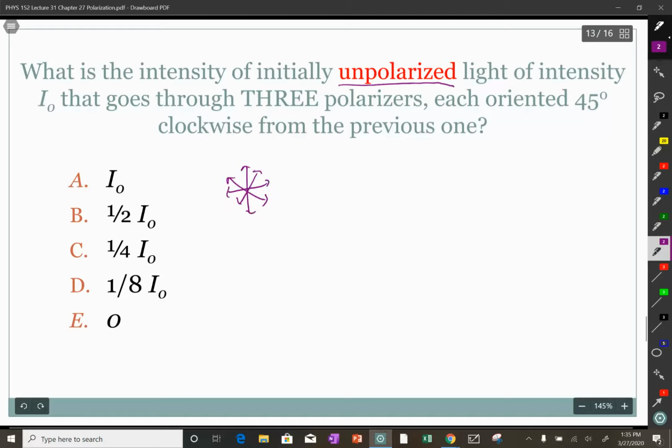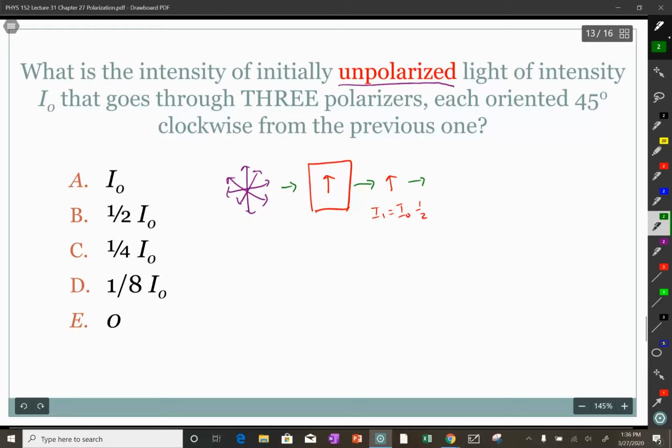Unpolarized light goes through polarizer 1, which I'm just going to make vertical. What's the orientation now? Well, it's going to be vertical. What's its magnitude? I1 equals 1/2 I0, right? That's straightforward.